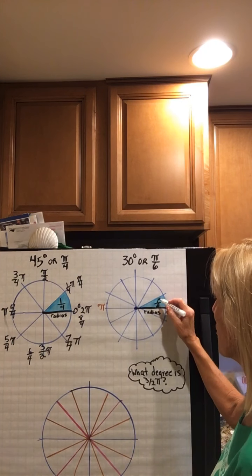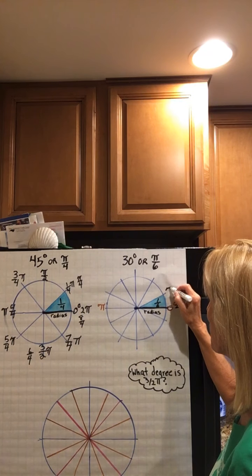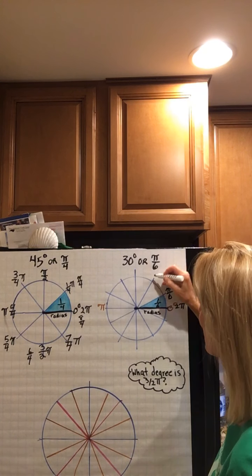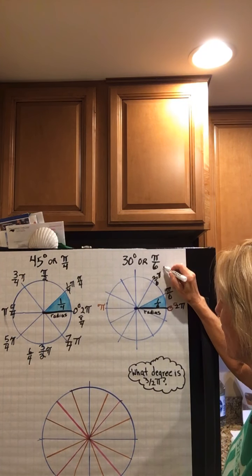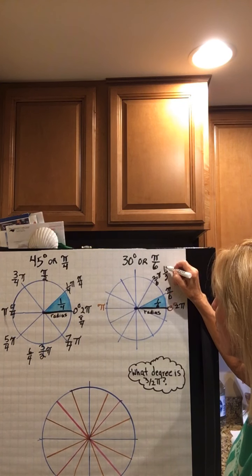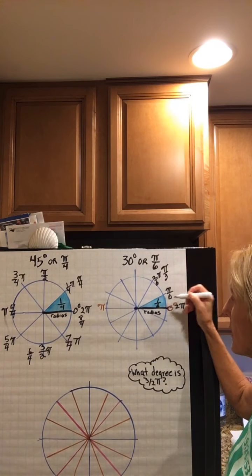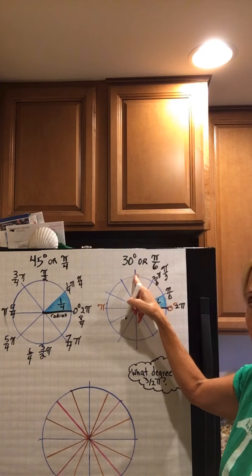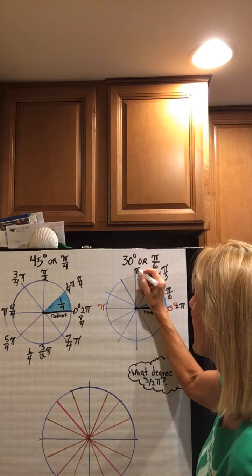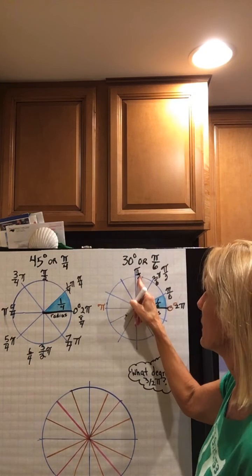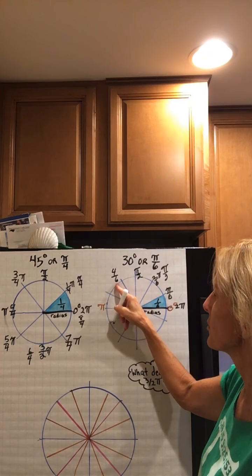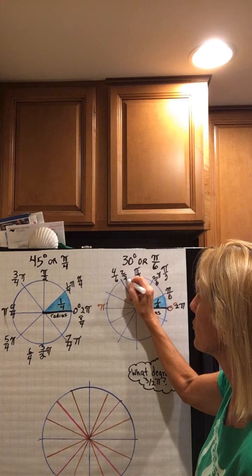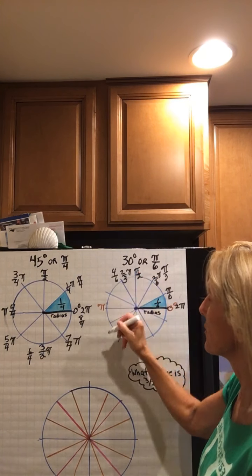So here we go. 1/6 pi, which would be pi over 6. 2/6 pi, which can be simplified to 1/3 or pi over 3. And then you have 3/6 pi, of course, we already know that's pi over 2. And then 4/6 pi, which reduces to 2/3, don't forget your pi symbol.